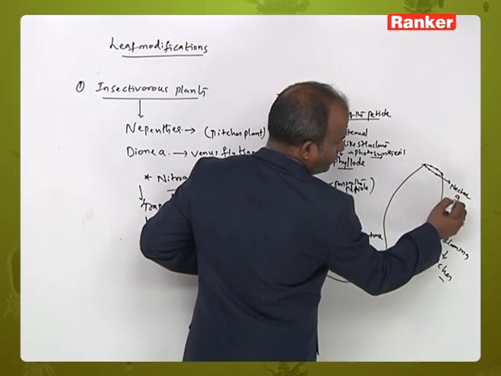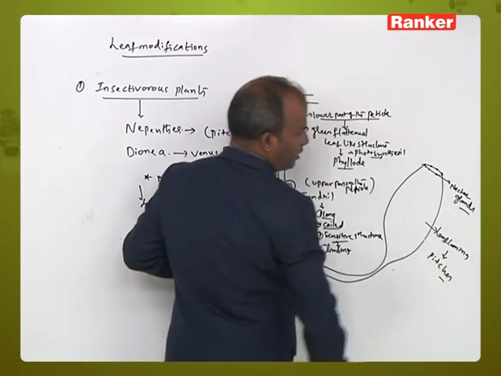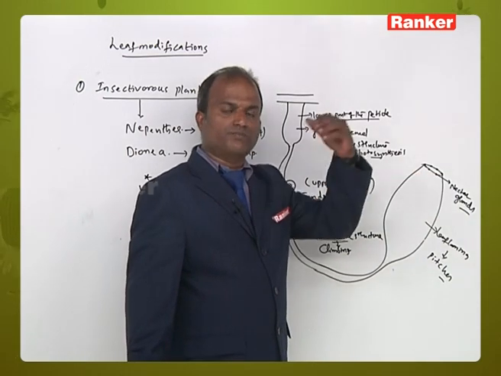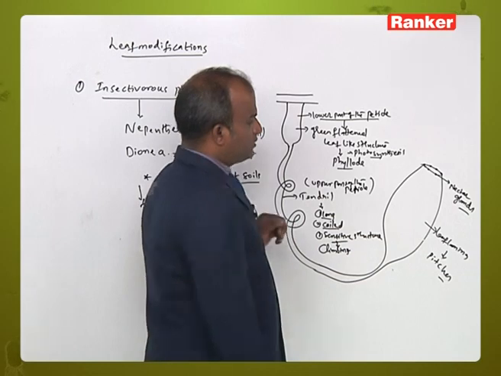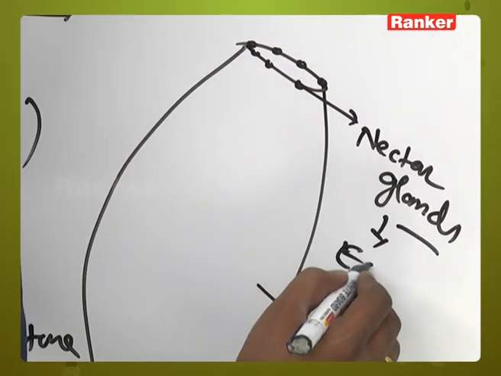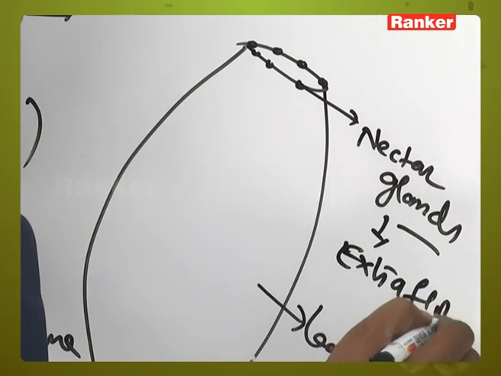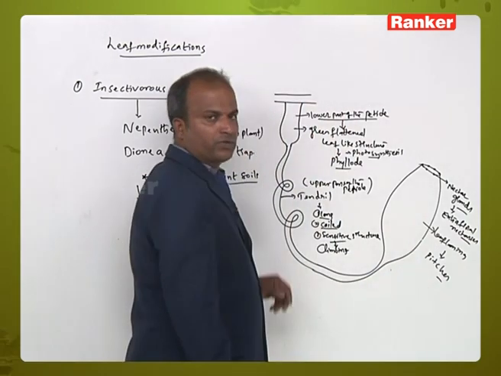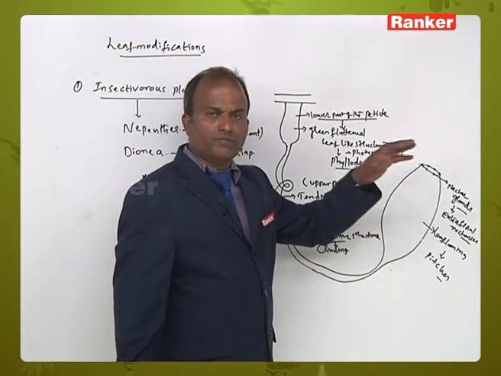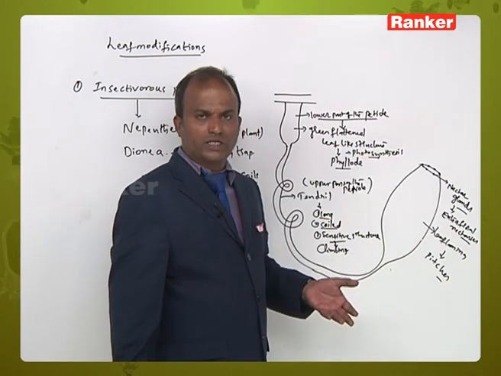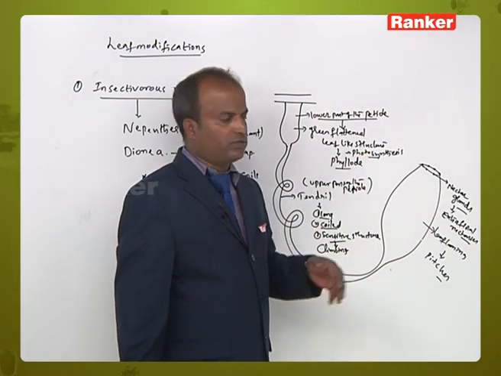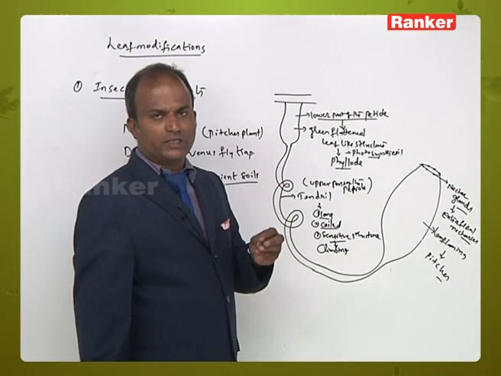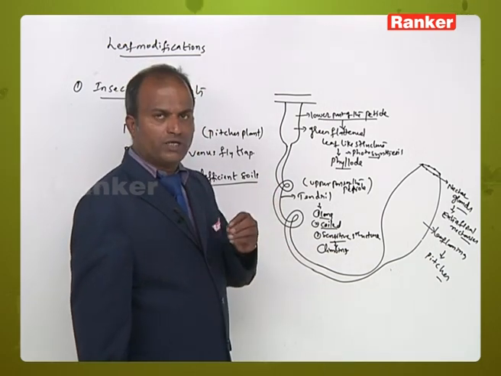Glands present inside the flower are called floral nectaries, but here the glands are not inside the flower; they are present on the rim of the pitcher, so they are called extrafloral nectaries.